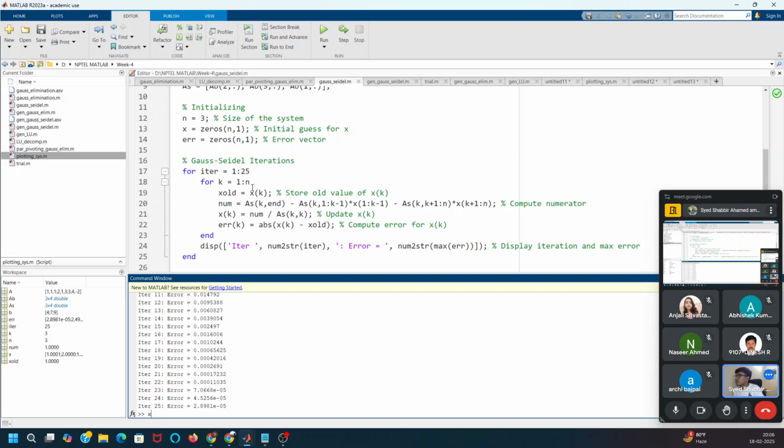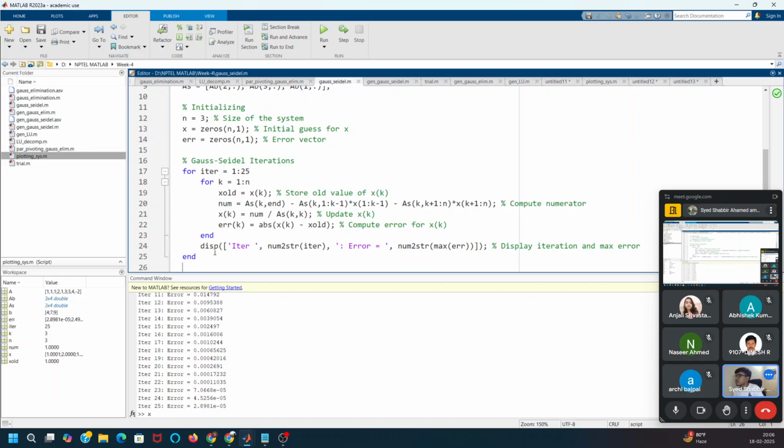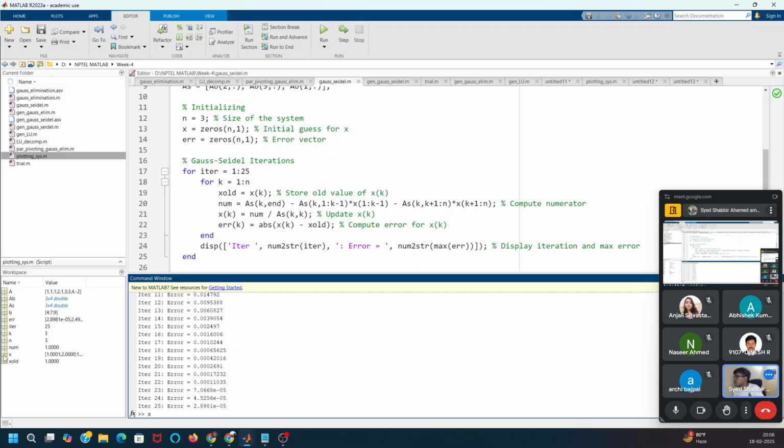So let's say I have this X25, this is just X. So this was my solution.